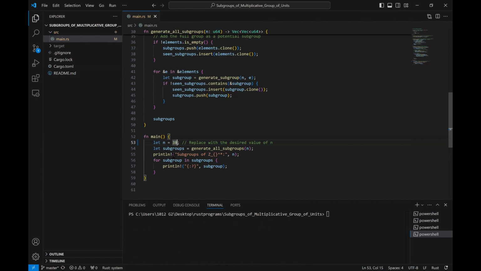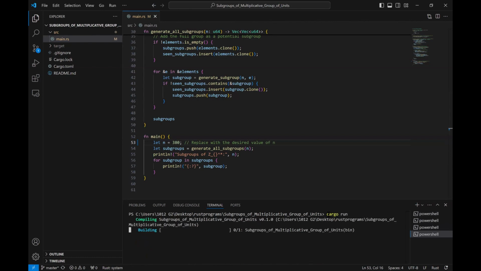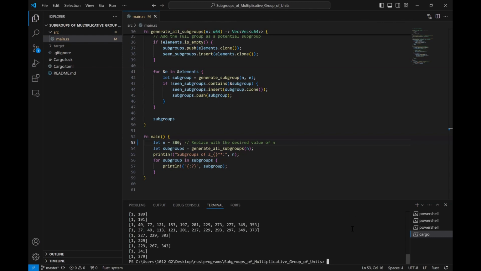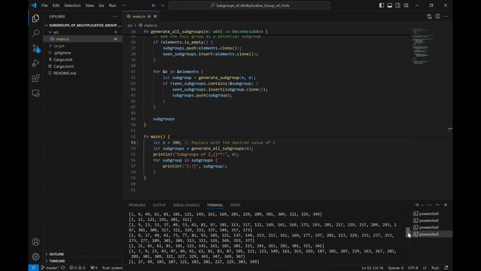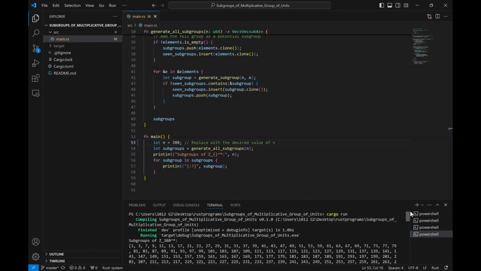Let me try 380. Again, by listing the elements which are relatively prime, there are so many.